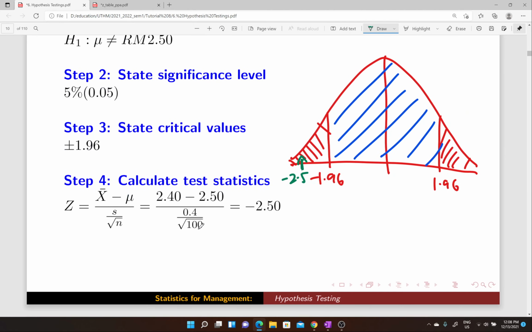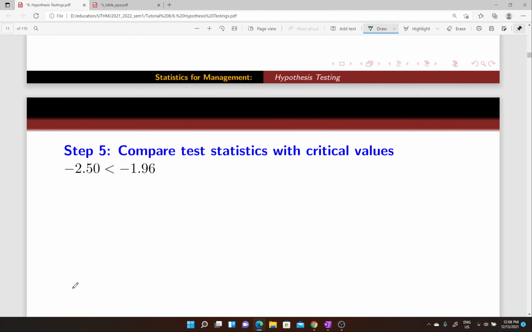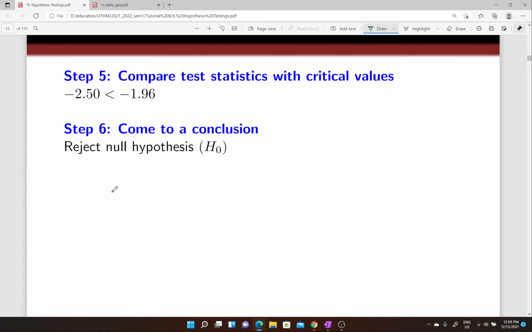Copy this diagram first. Since this value is in the rejection area, now you write this: because just now we saw negative 2.5 is less than, and because it falls in the rejection region, we reject the null hypothesis, only the null hypothesis.